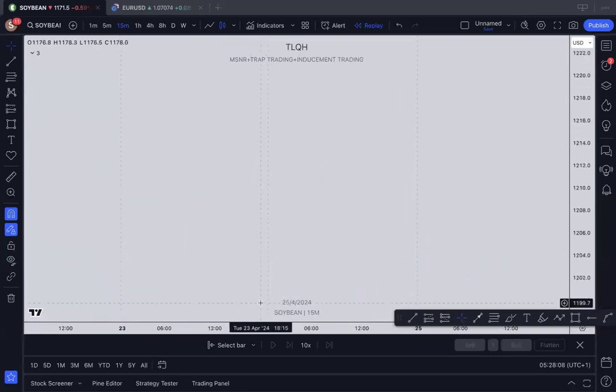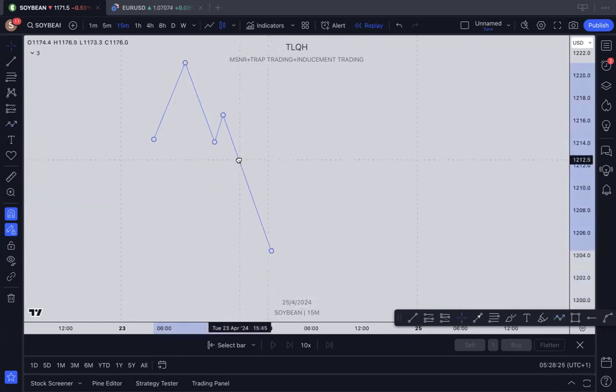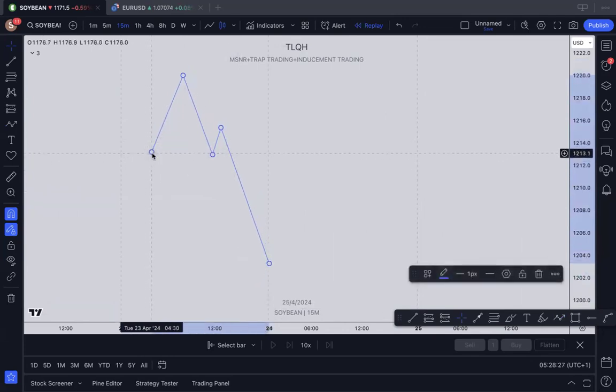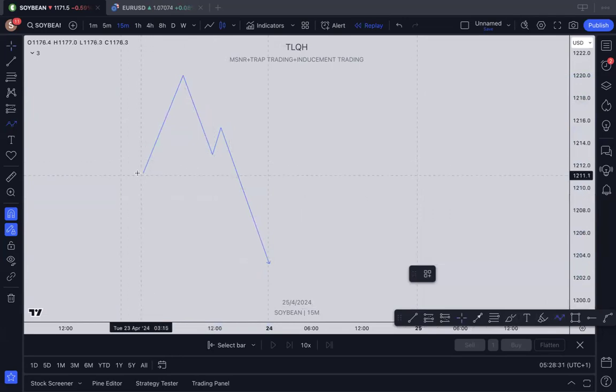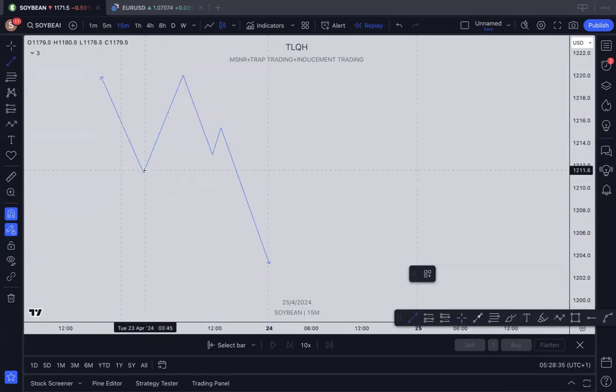So we're just going to show a diagram here on the chart first. Okay, so say for example we have got a H4 flip level here.